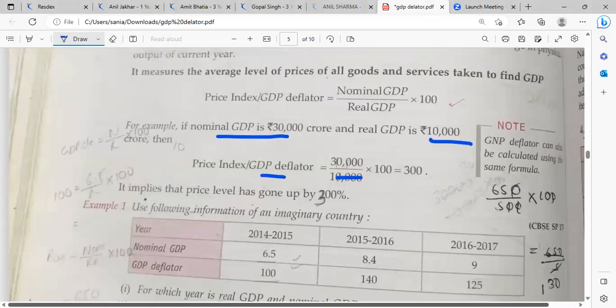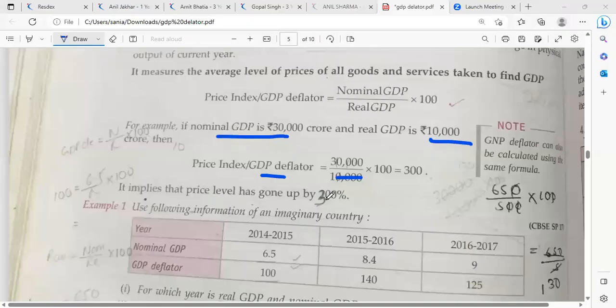Okay. So now, in the previous class we discussed two formulas, right? One was GDP deflator and the other was?